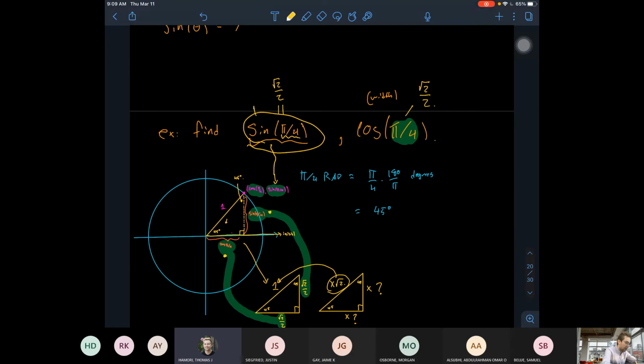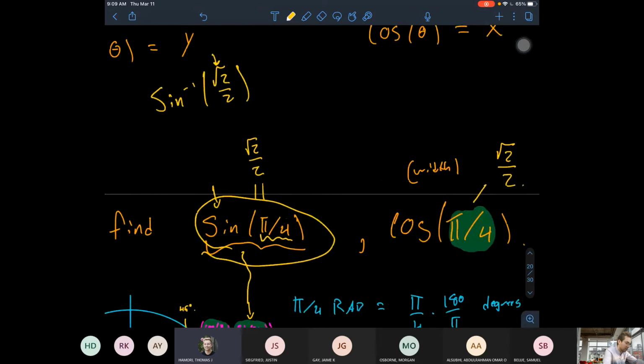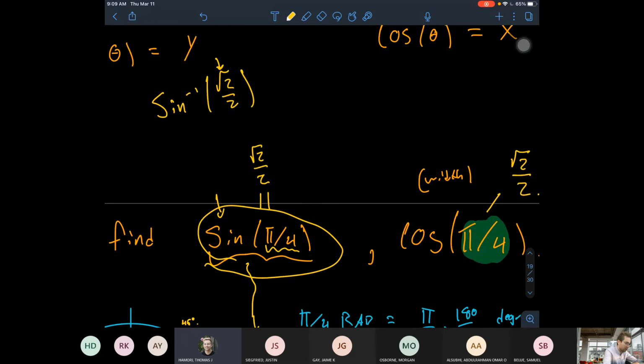And this is a function, right? So we can also imagine taking an inverse of this function, which it'll turn out this function does have an inverse for certain values of x. And if we do something like sine inverse of square root of 2 over 2, this is like you take the point on the unit circle which has a y-coordinate square root 2 over 2. Okay, there's only one of them.